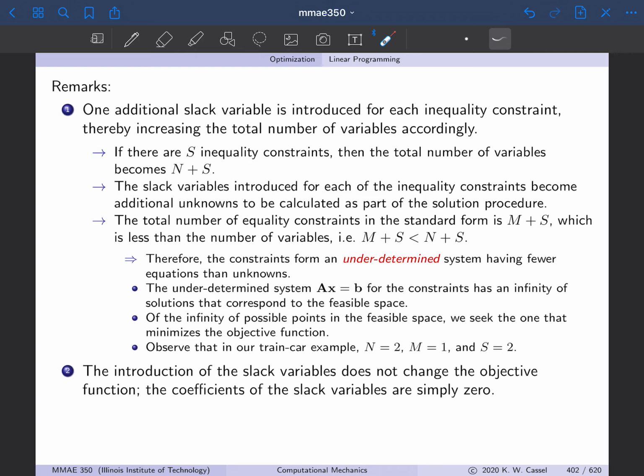So the number of constraints, M plus S, has to be less than or equal to the total number of variables, N plus S, which of course means that in the original problem, N is bigger than M. That's a linear algebra thing that we'll see as we look at some examples. Now, in linear algebra, we would say that this system of equations is underdetermined. That means there are not enough equations to determine a unique solution for the problem.